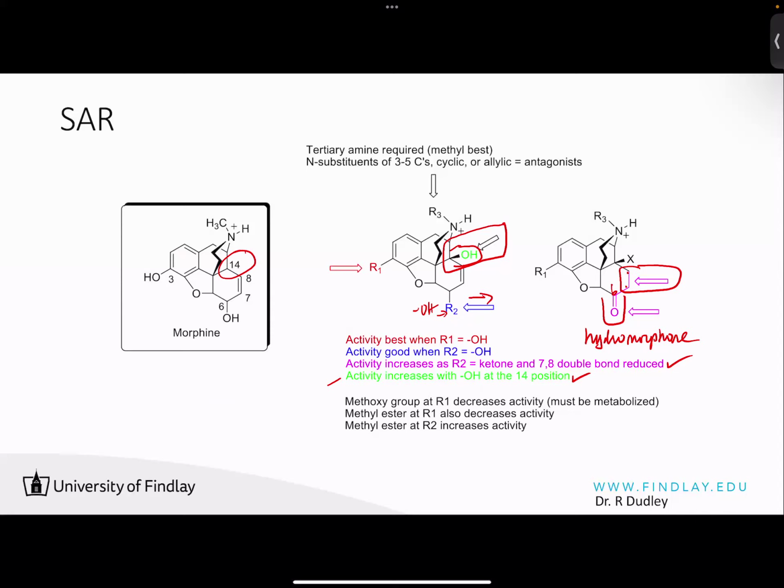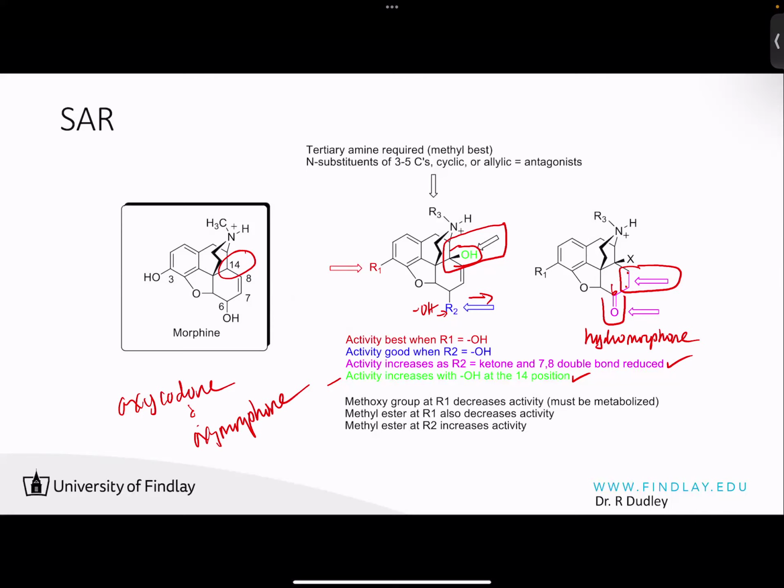And when you oxidize the 14 position, what you end up with is oxycodone and oxymorphone derivatives. These are actually theoretically more potent.